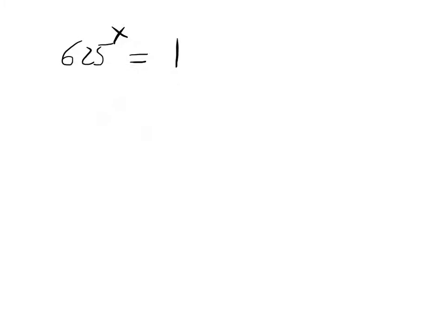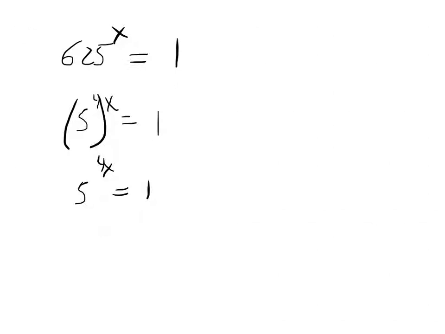Okay, a couple things here. First of all, 625 is a number you certainly should recognize as a power of 5. 5 squared is 25. 5 cubed is 125, and therefore 5 to the 4th would be 125 times 5 is 625. So I might say, hey, this is 5 raised to the 4th to the x equals 1. 5 to the 4x equals 1.